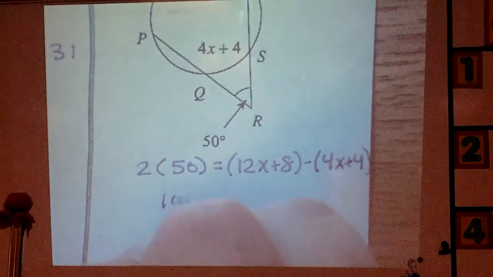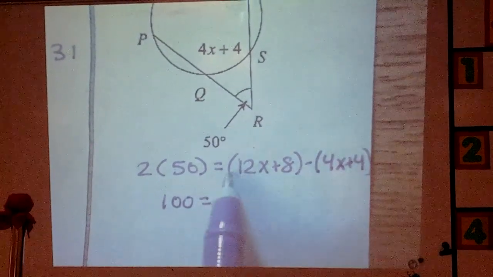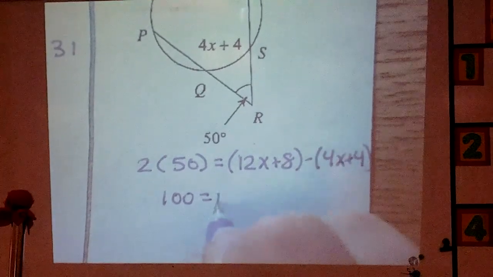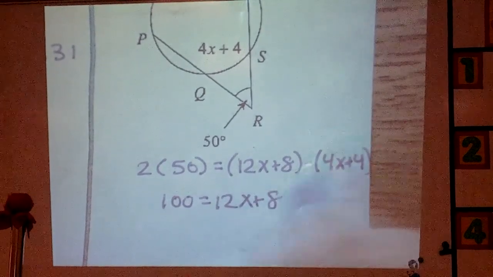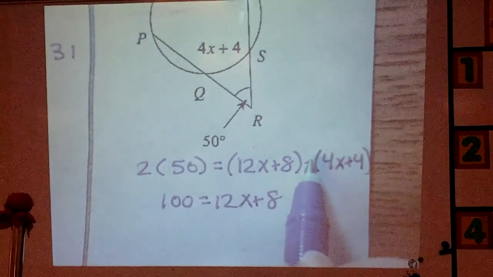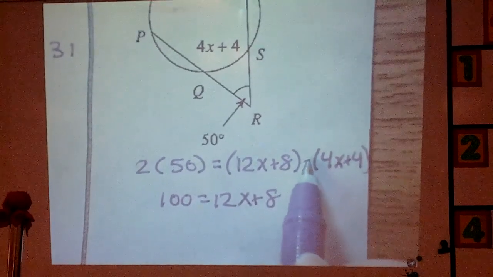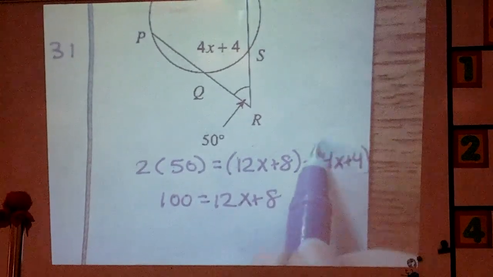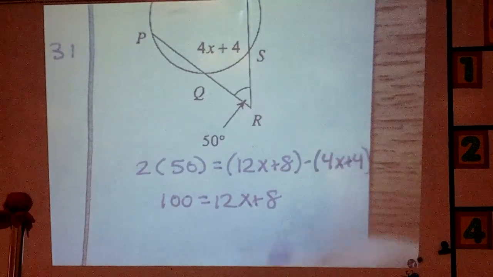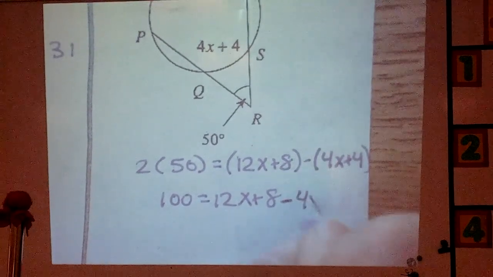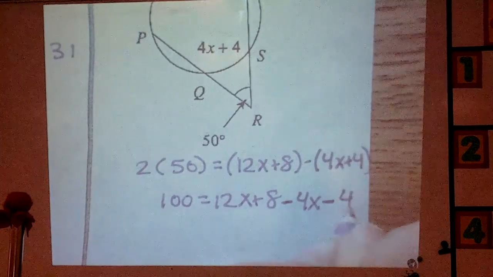And here's where, if you didn't get this problem right, we went down south, okay? 2 times 50 is 100. I can drop my parentheses in my first expression, but in my second expression, I have subtraction. With subtraction, I have to distribute that negative. So that would be minus 4x minus 4.